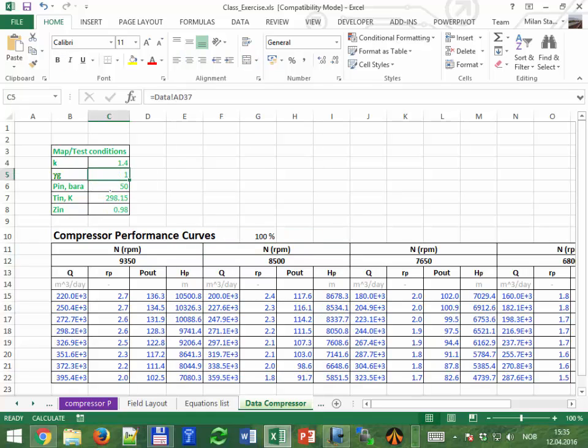Okay, specific gravity 1, so that's air, P in 50 bar and 25 degrees Celsius. And these are the curves for different RPMs. And here at the end, we have the map.